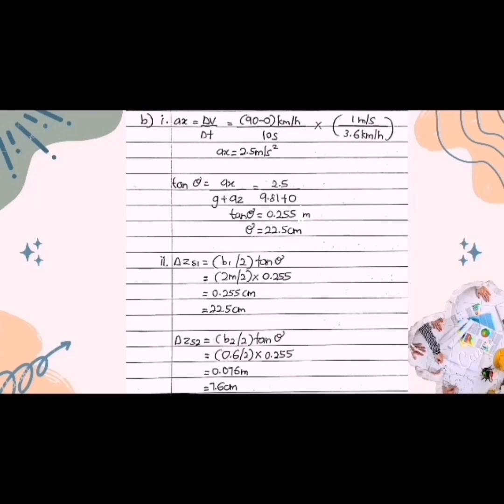For question 2b(ii), to minimize the risk of water spilling out from the aquarium, would you propose the tank to be aligned with the long side or short side parallel to the direction of motion? Justify your answer.